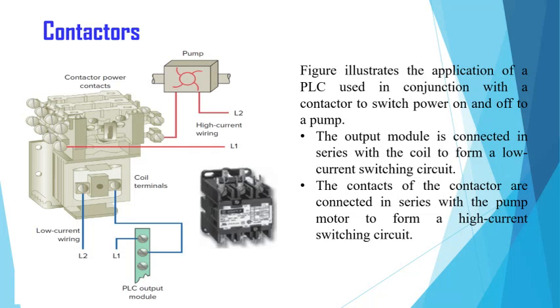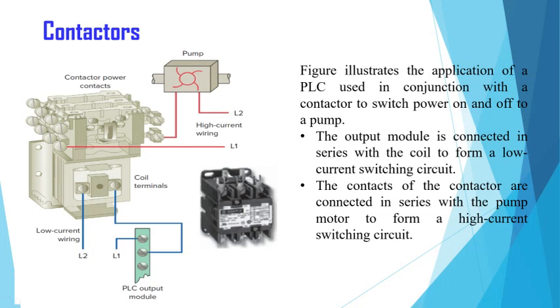The figure here shows the application of a PLC which is used in conjunction with a contactor to switch the power on or off to a pump. The output module is connected in series with the coil to form the low current switching circuit. You see here the output of the PLC is connected with the help of the PLC output module to the contactor.